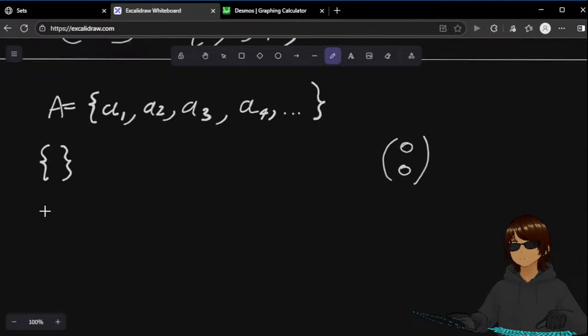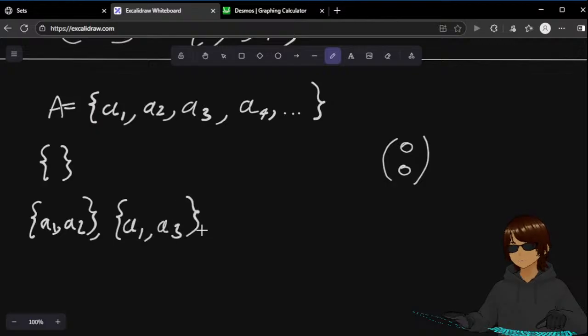The number of two-element subsets: A1, A2, A1, A3. Keep doing two pairs, right? A1, A4.